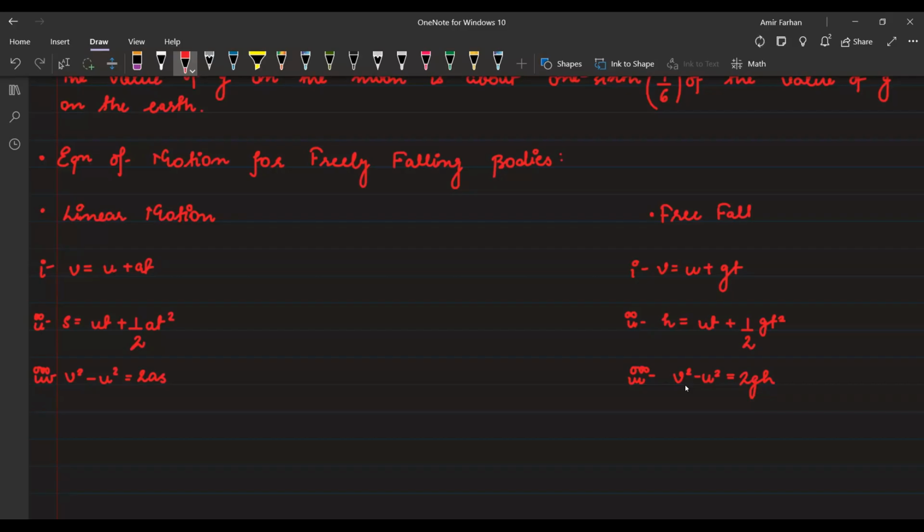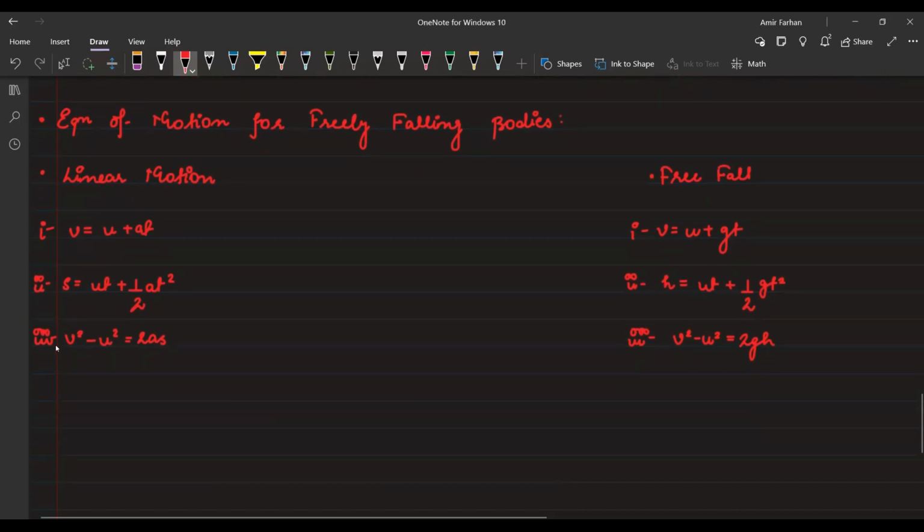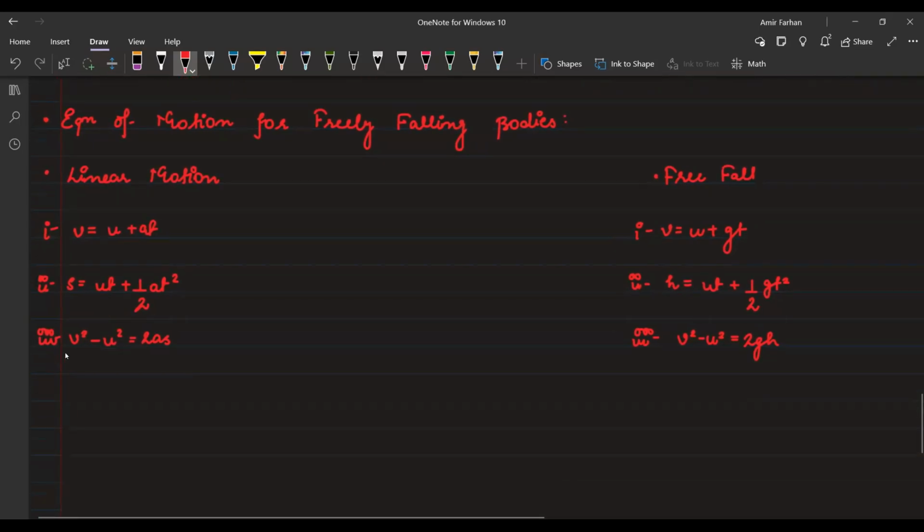Okay, so let's write something about this topic. Then the next would be the numericals based on these. Let's see whether we can start the numerical portion in the class itself or not. Now in this class, we are going to talk a little bit about sign convention. These are some general points when we are talking about free fall motion.